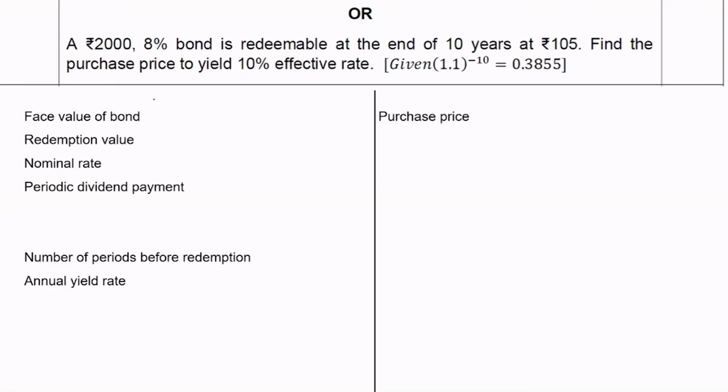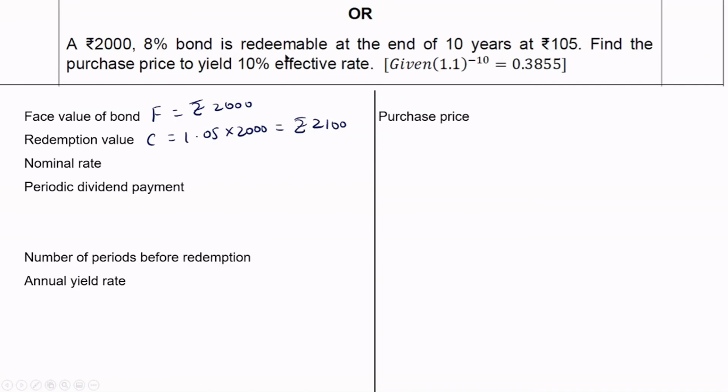So the face value of bond F is given as rupees 2,000. Then the redemption value C will be 105% of the face value, 1.05 into 2,000. So it will be rupees 2,100.